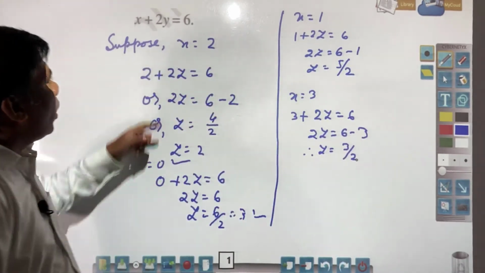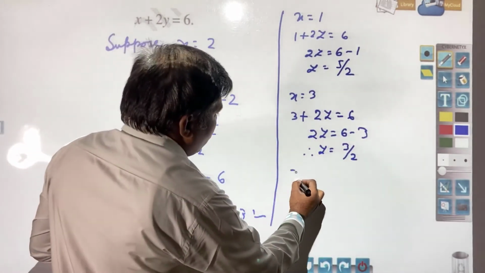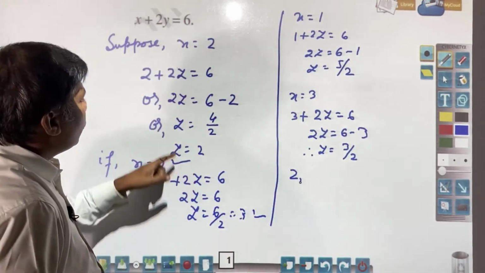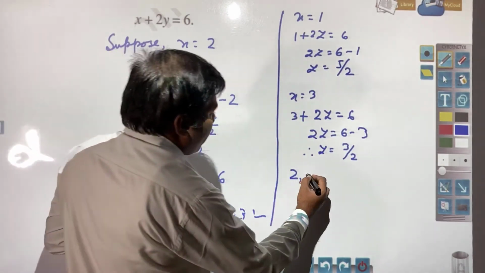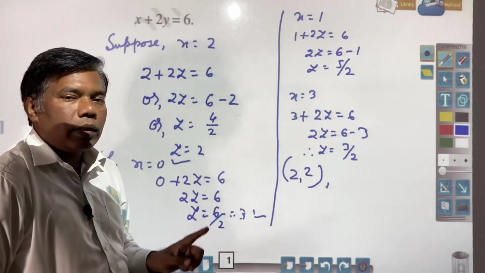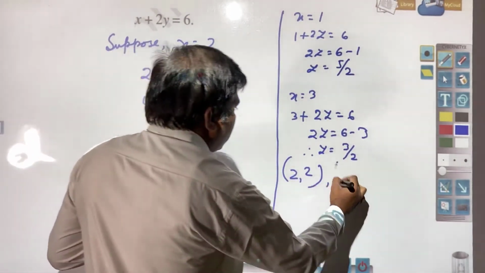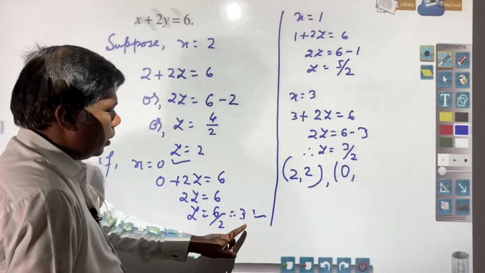So what have you got? If you suppose x is equal to 2, y you have got 2. So one solution you have got is x is equal to 2 and y is equal to 2. The other solution you can get is 0 and 3.